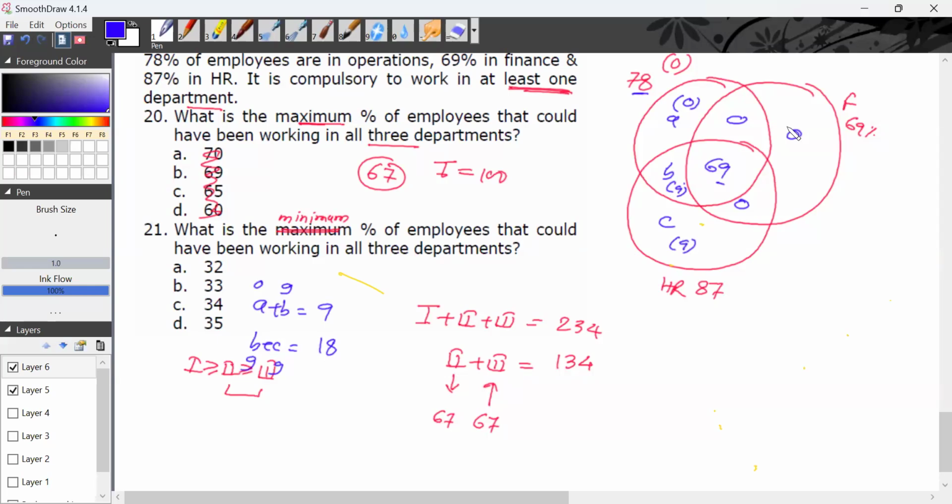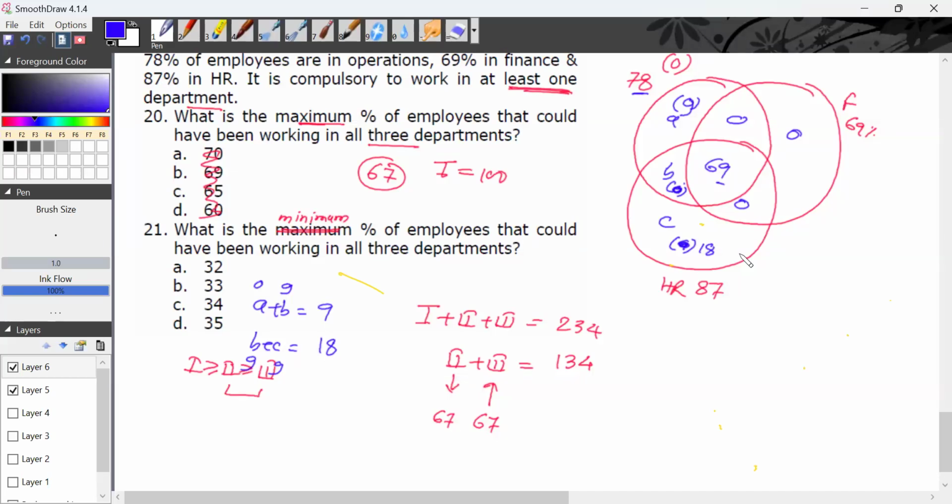Now find the union of this. How much will the union be? It's not coming out to be 100, right? Can we make it like this? Take it 0 and take it 18. Is it possible in this case?